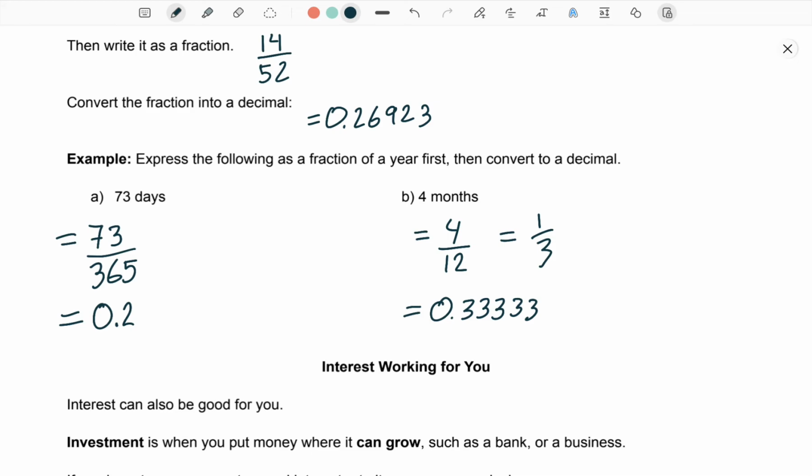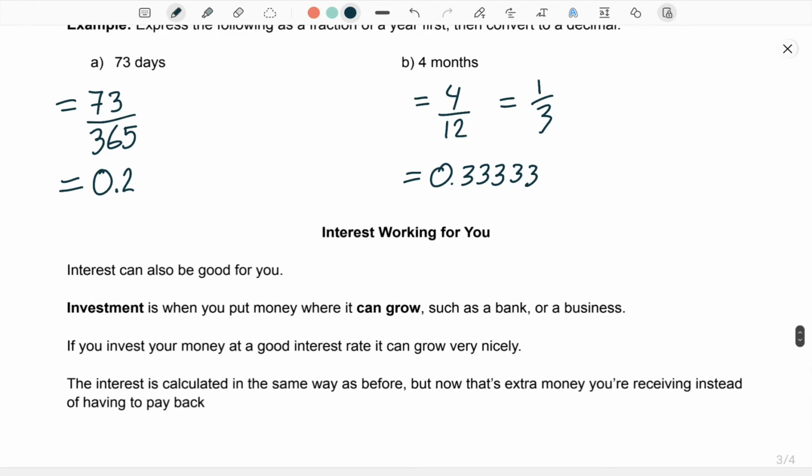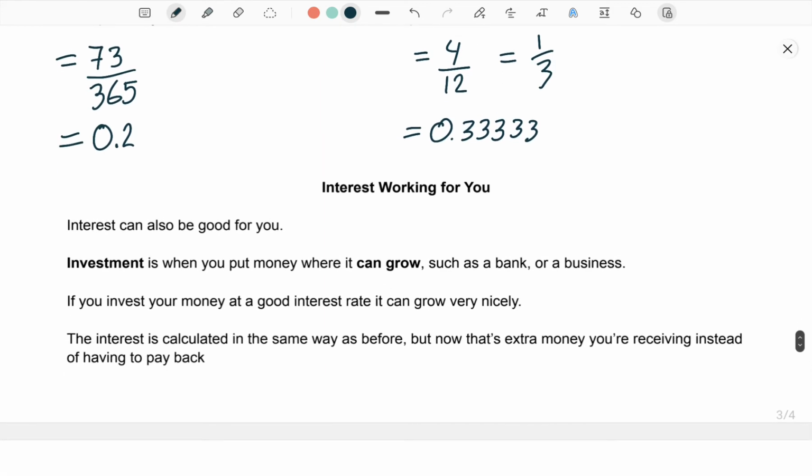All right. So in the examples that we've looked at, we've often been looking at interest on loans and such. And in that case, interest isn't something we want. But there are situations where interest can be good for you. So something like an investment. An investment is where you put money away into some sort of account, whether it's with a bank, whether you're investing into a business, and then that money can grow in value through interest or through other means.